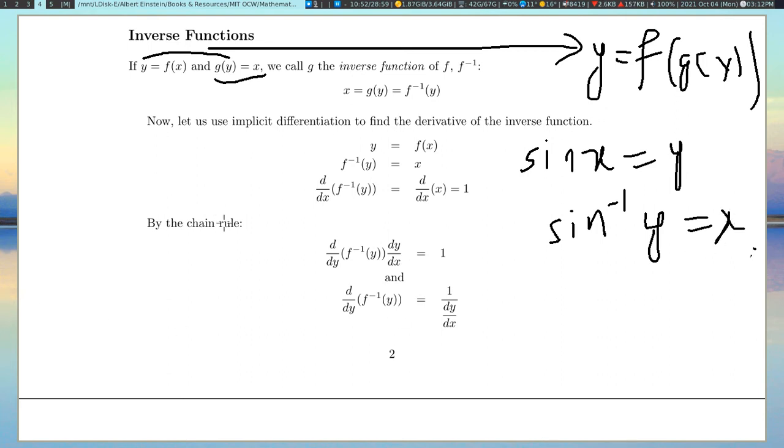So we try to take the derivative of this inverse that we got. d over dx of f inverse of y, what is it equal to? It is equal to the derivative of x, and the derivative of x is 1. Now we're not yet over. This thing, d dx of f inverse of y, is actually equal to first taking the derivative with respect to y, and then having dy over dx.